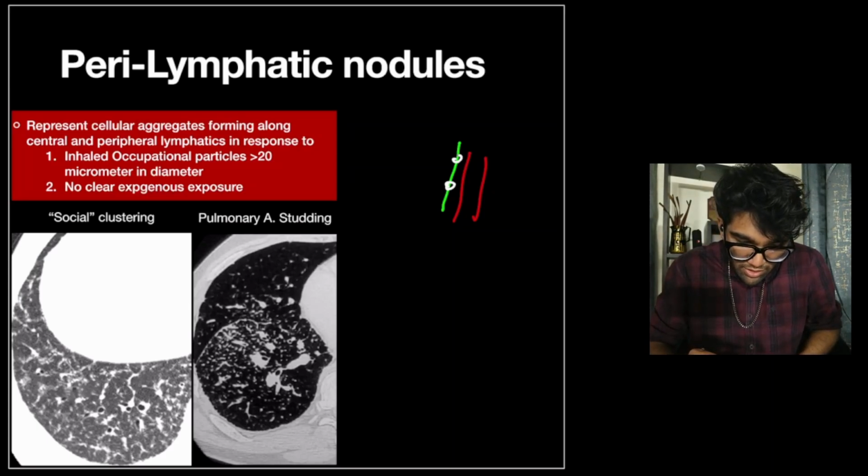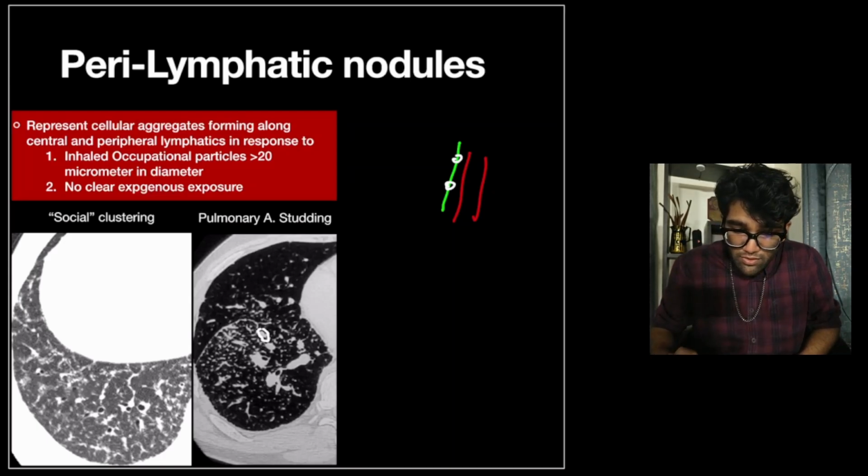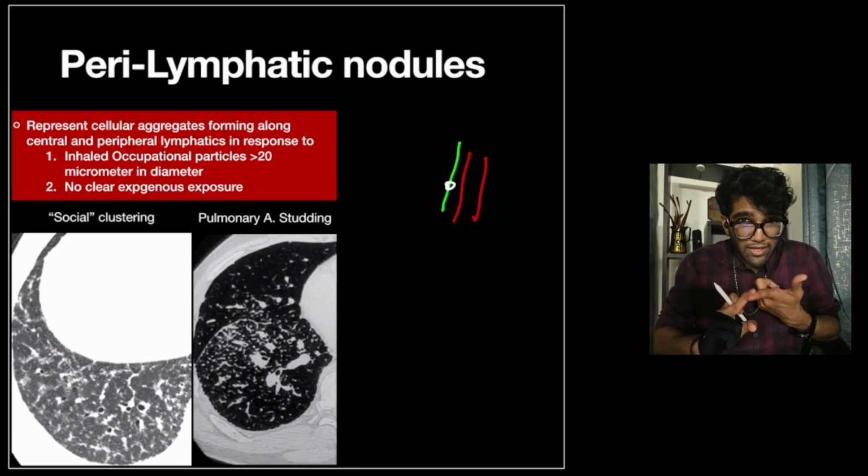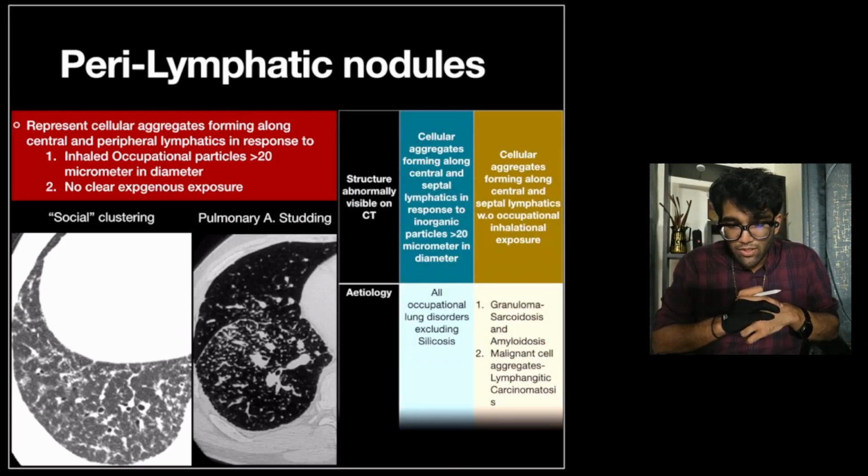You can see this is a branch of the pulmonary artery, and on top of that you see dots on this pulmonary artery. So perilymphatic nodules do not spare the visceral pleura or the septa. They also stud the pulmonary artery, and this becomes very important later on in our discussion.